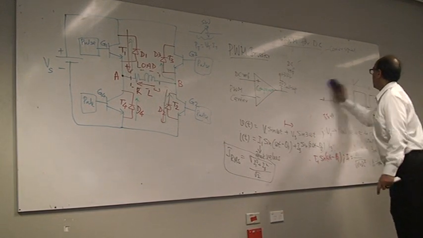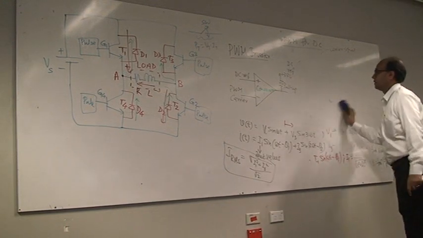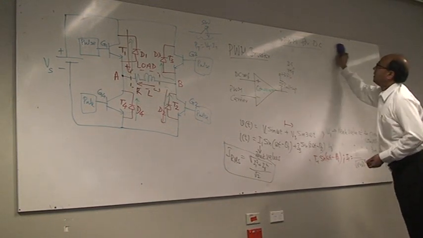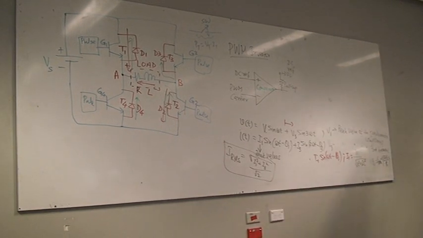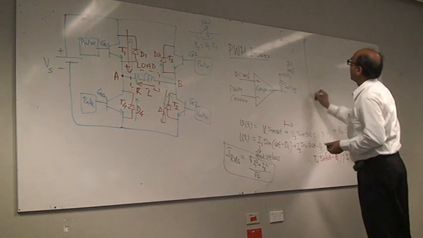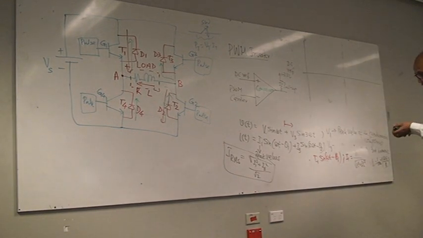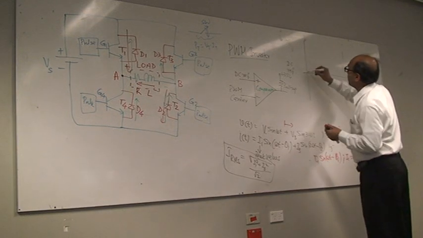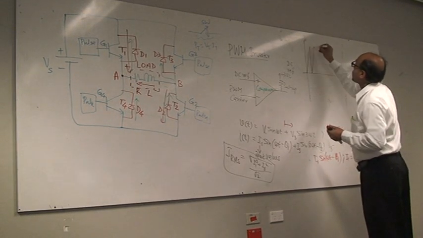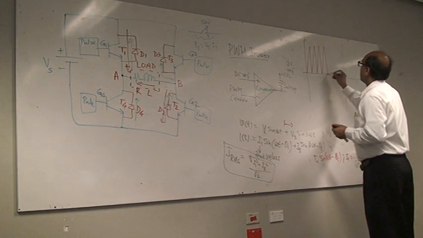So what they do is something like this. We are talking about the PWM pattern. They actually make the triangular wave something like that.